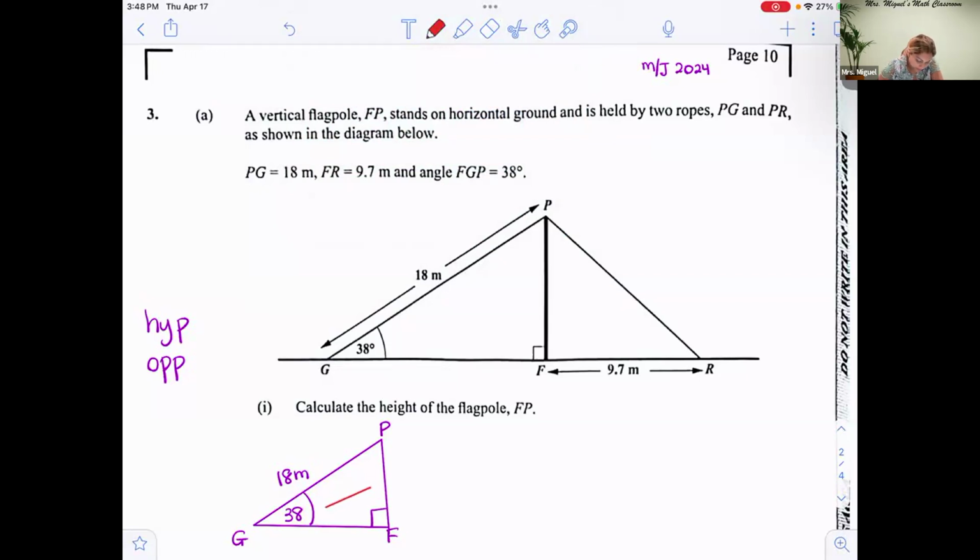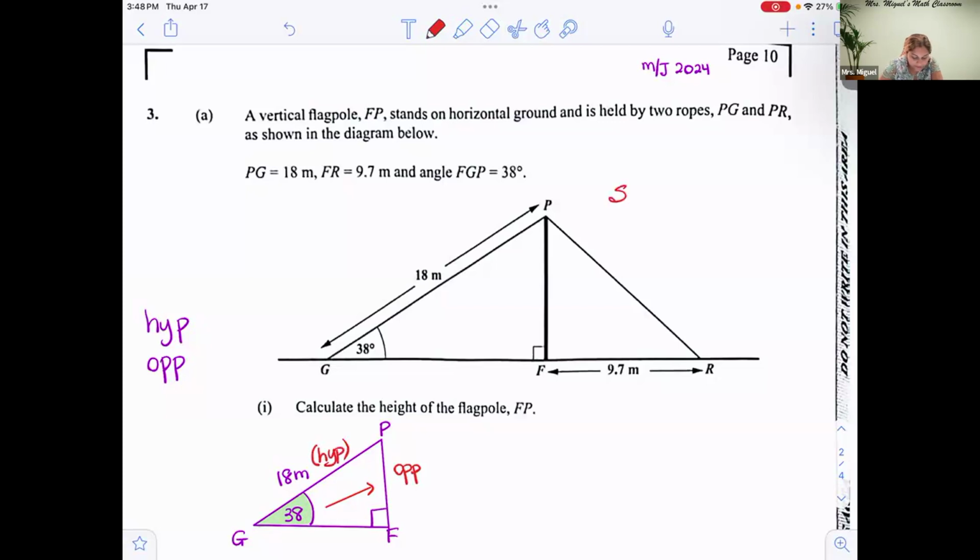So you are supposed to label PF opposite because that is the opposite side to the angle. And the opposite side to the right angle is the hypotenuse.